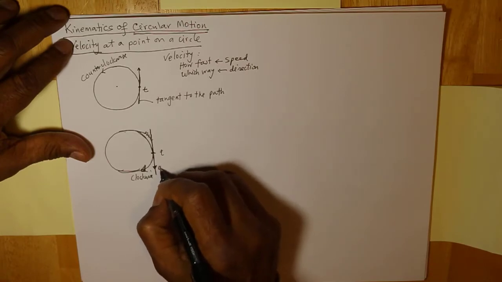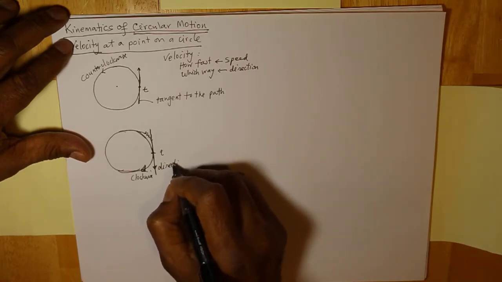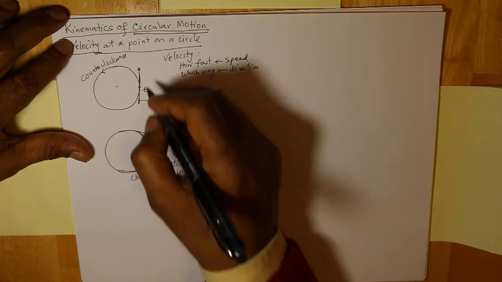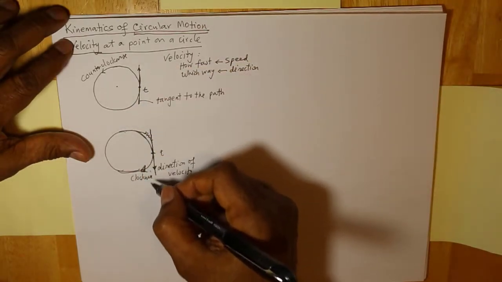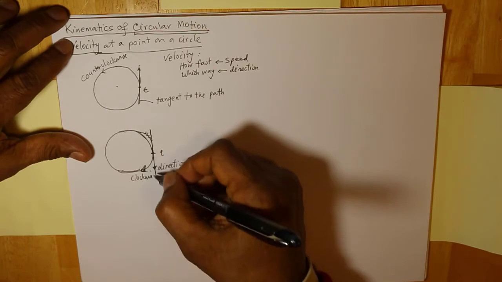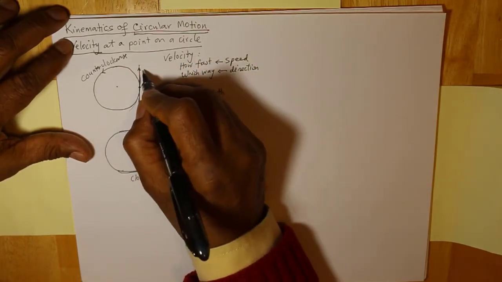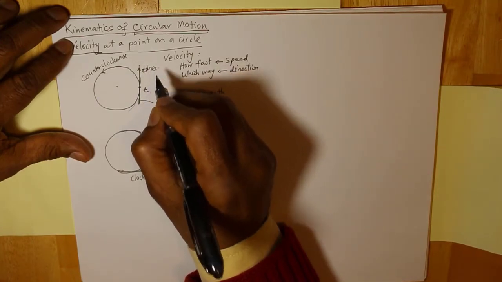This would be the direction of velocity. So you can see the direction of velocity is along the tangent, but which side of the tangent depends on which way in the circle I'm going. Direction of velocity.